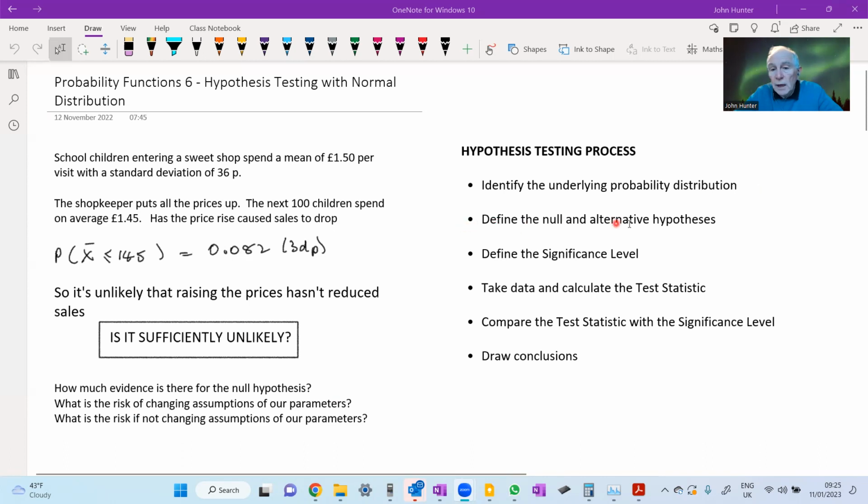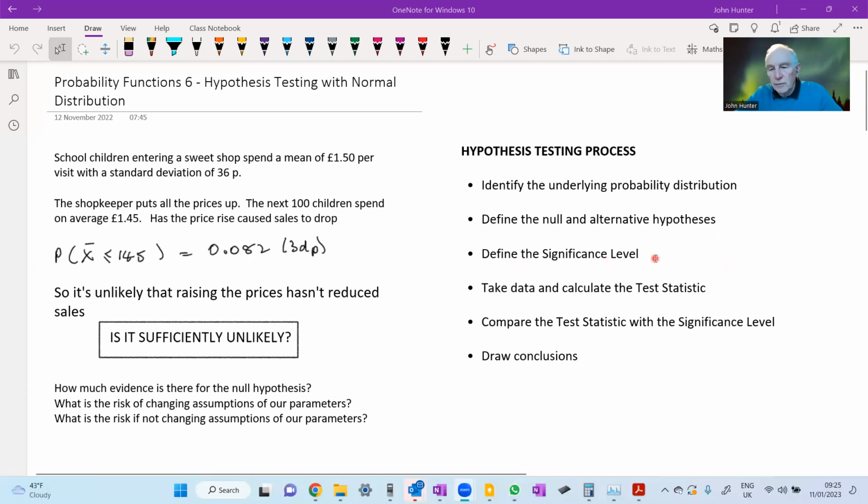We define the null and alternative hypotheses. The null hypothesis is usually this time-honored assumption about a parameter. In the case of the normal distribution, it's very often the mean, nearly always the mean in the questions that we'll see at this level. The alternative hypothesis is more or less not the null hypothesis, but there are a couple of different options with that, which we will get to.